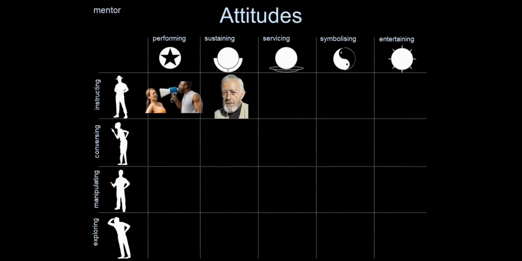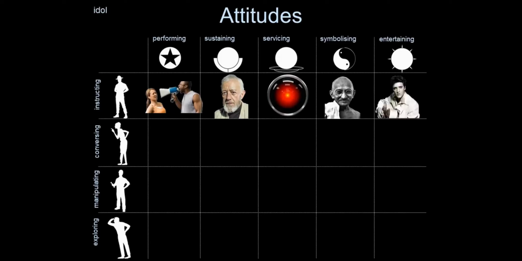If it's more about sustaining and instructing, then it's more like a mentor. If it's about servicing and instructing, then you could say it has more the character of Hal from the movie 2001. If it's more about symbolizing and instructing, then it could be an icon. Or if it's entertaining and instructing, then it could act more like an idol.